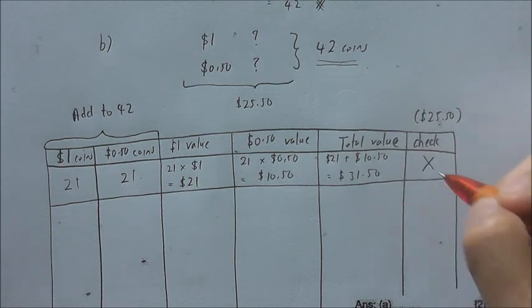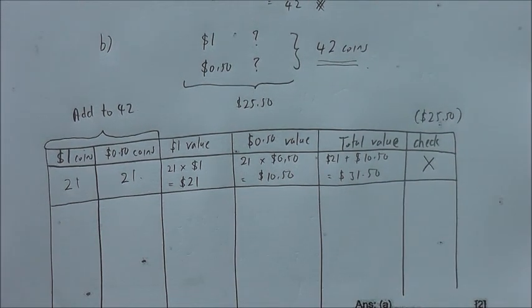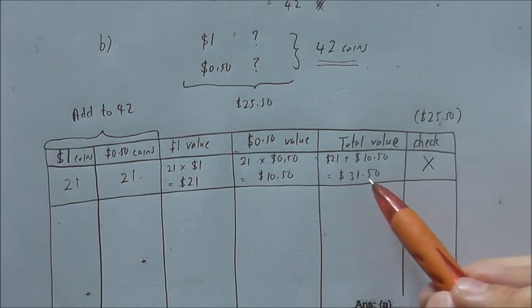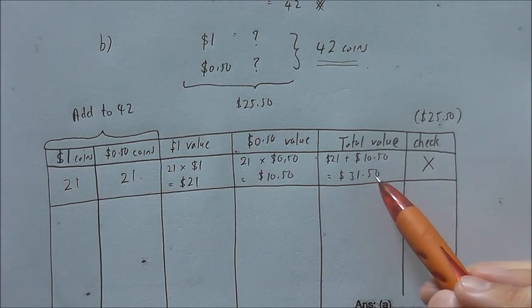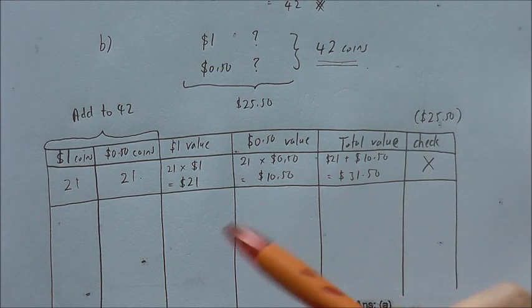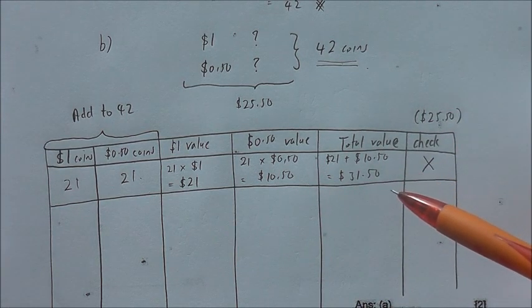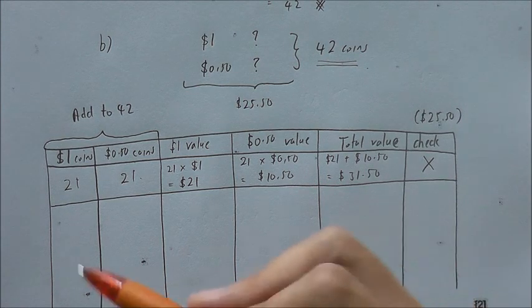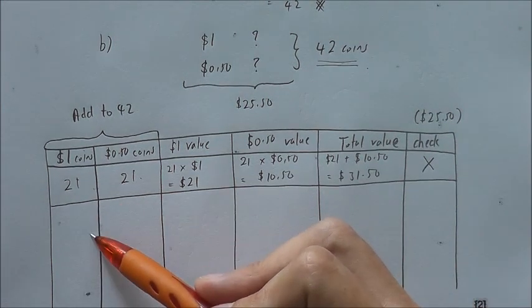So this is wrong. Okay guys, what do we need to do usually? Can you see that what we get is 31.50, and we want to get $25.50. So we have to make the total value lesser. To make it lesser, we have to decrease the number of $1 coins, correct?